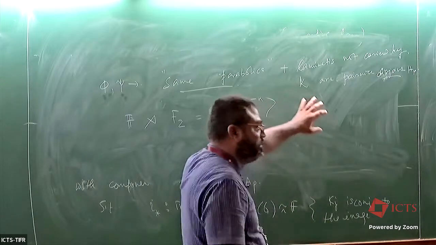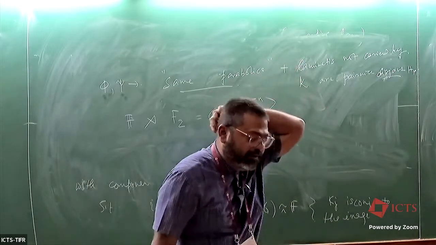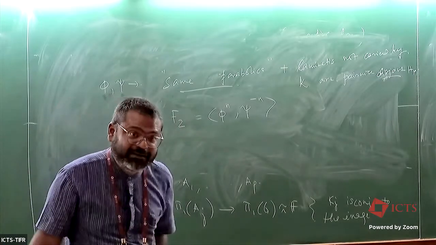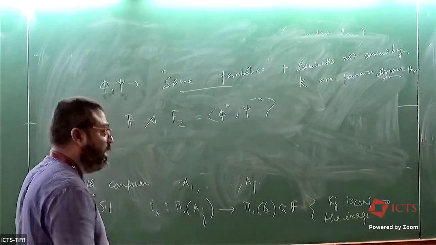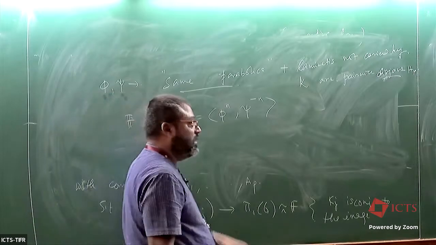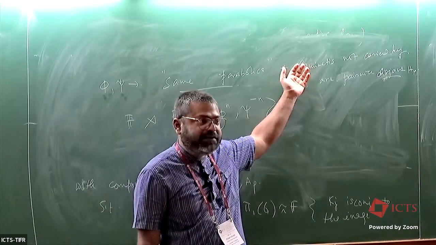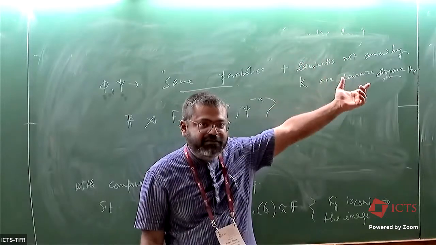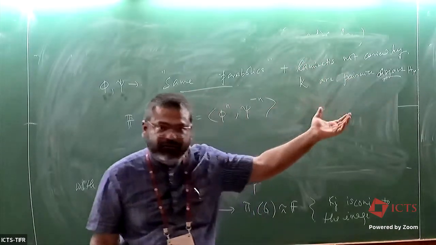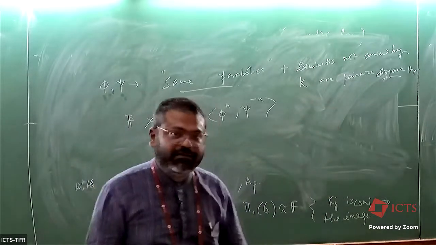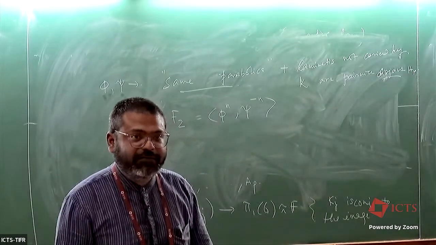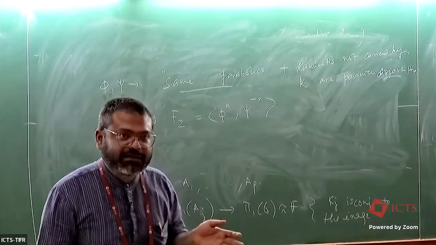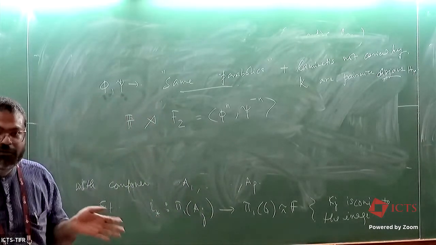So if there are no parabolics, then you just assume that the set of attracting and repelling laminations are pairwise disjoint, and that's enough. You'll get a free by free hyperbolic extension. This is actually the most general statement you can have for the free by free case using the present tools that are available.